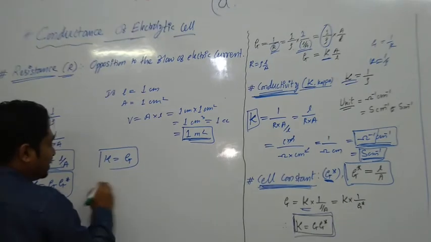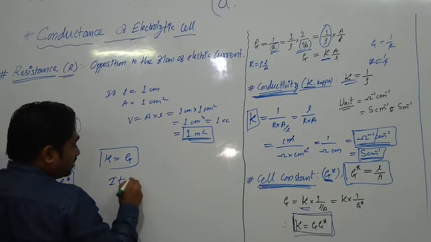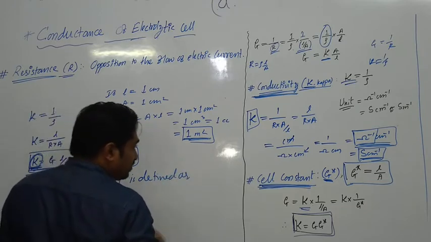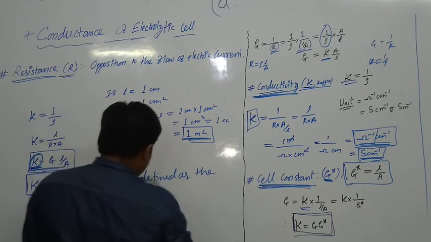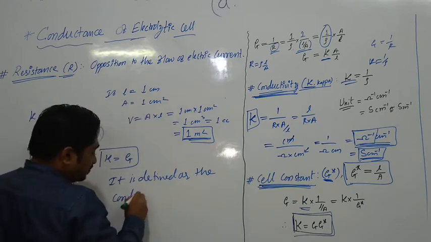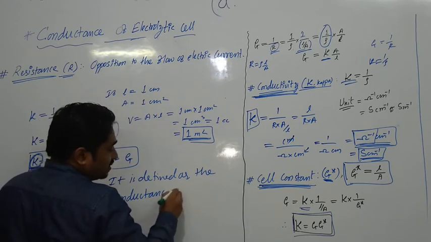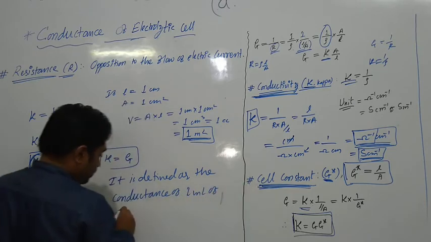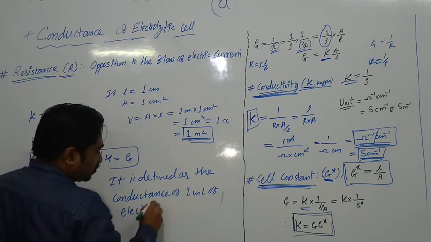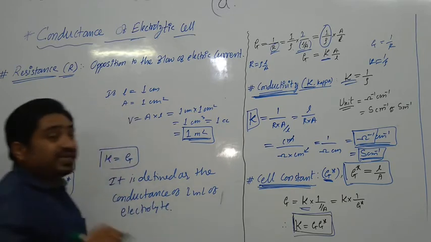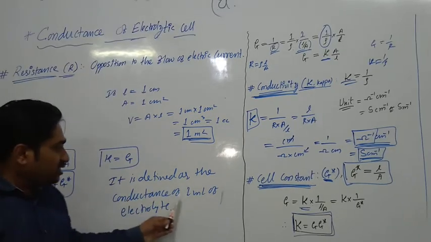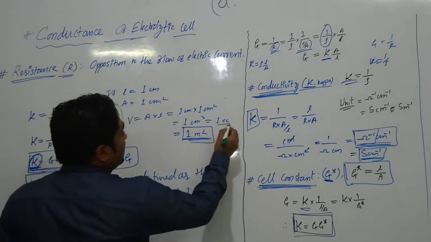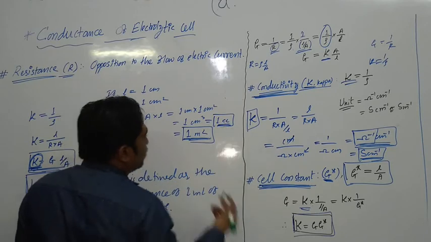So it is defined as the conductance of 1 ml of electrolyte. 1 ml means in 1 cc, 1 ml of electrolyte is present.